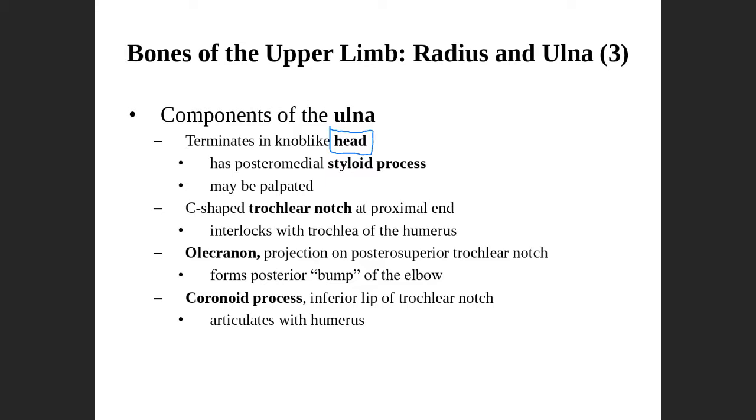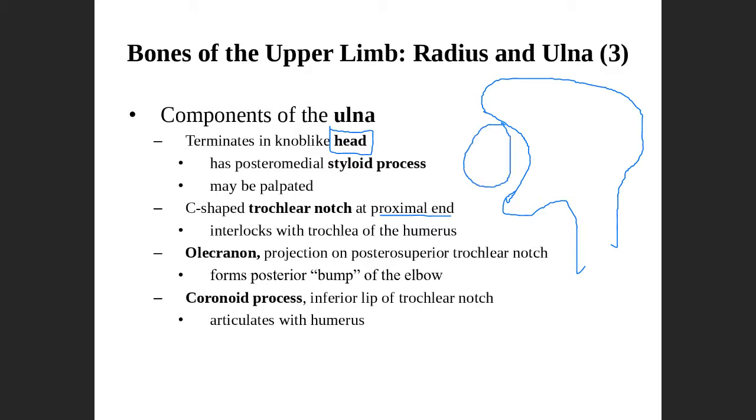Let's go now to the proximal end. At the proximal end we're going to see this C-shaped structure, kind of like what I drew before. This is where the trochlea is going to sit. What we see around this whole C-shaped structure is the olecranon, also known as the olecranon process.